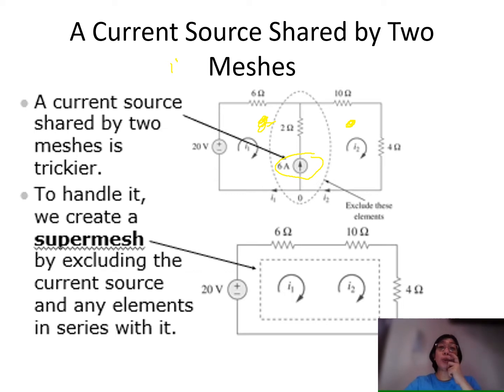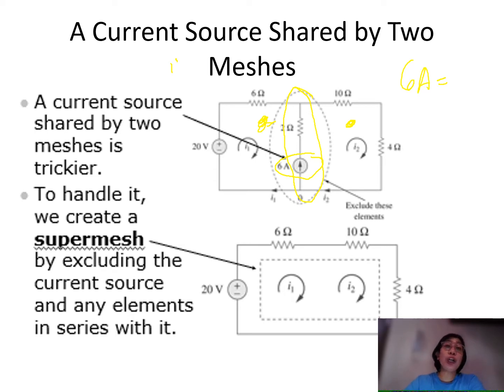What is your KCL? KCL is the current which will flow across this specific node. So what is our KCL equation for this? As you can see, we have here your 6 amperes, and your 6 amperes is equal to what?